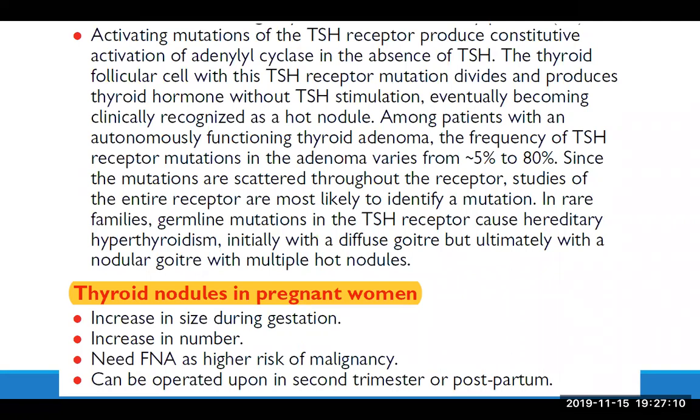Deal with any nodule during pregnancy as a non-pregnant nodule. Do fine needle aspiration biopsy if indicated, and of course, if you need surgery, postpone it to the second trimester or just postpartum.